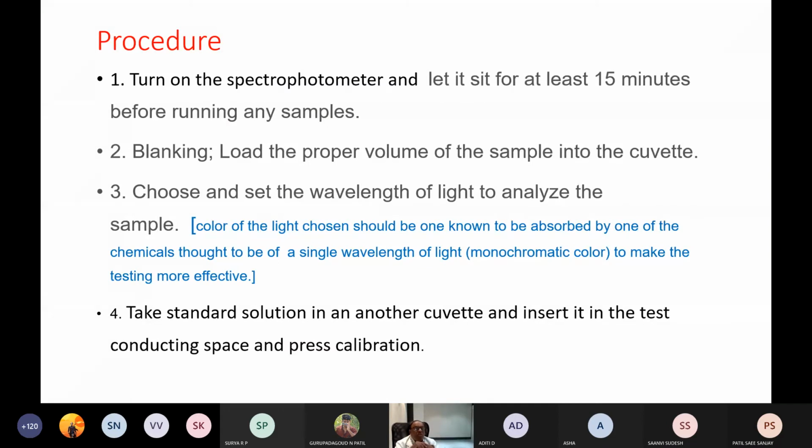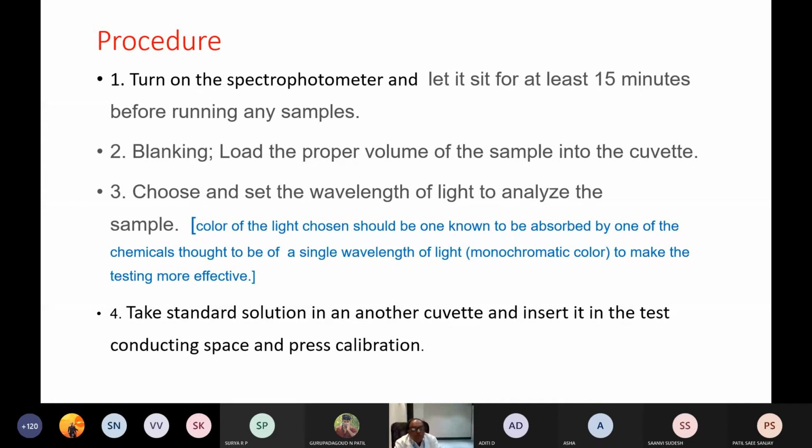So the procedure is: turn on the spectrophotometer and let it sit for 15 minutes, blanking, note the proper volume of the sample in the cuvette, choose and set the wavelength. Suppose you are estimating creatinine, it will require 530 nanometer, or in the language of filters, that will be the green filter.